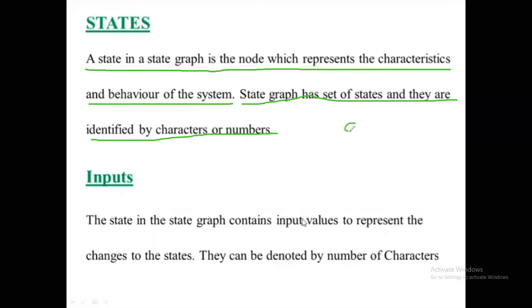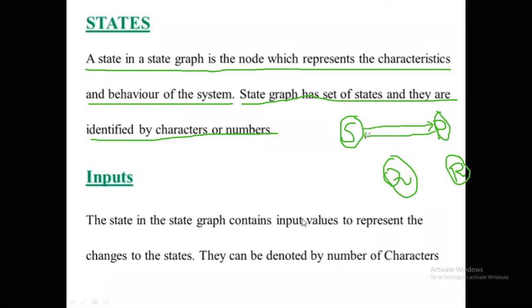Okay, for example, this is S, P, Q, R. So these are the different states. You can change from S to P state, P to S state, P to Q state, and P to R state. Okay. So these are the different states, S, P, Q, R.